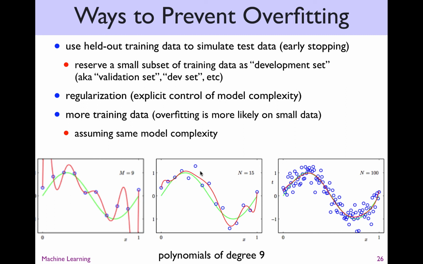But what if you have 15 data points instead of 10? Then polynomials of degree 9 is less overfitting, right? And then if you have 100 data points, then a polynomial degree 9 is perfect, right? So in these three cases, we have the same model complexity. Assuming the same model complexity, with more data, it's definitely better, right? It prevents overfitting.